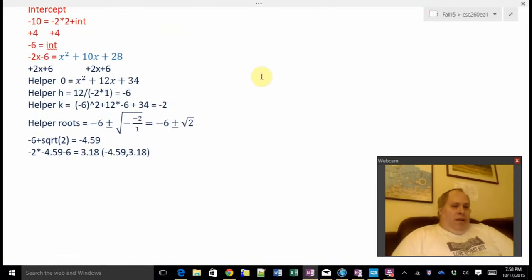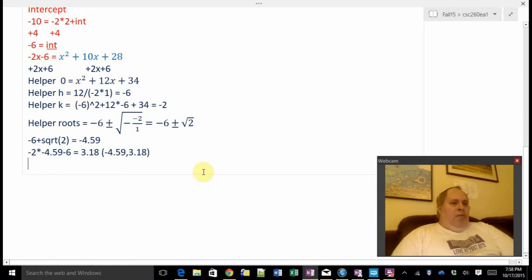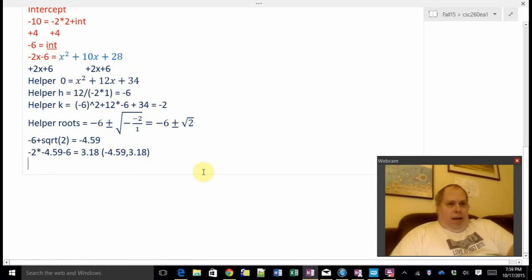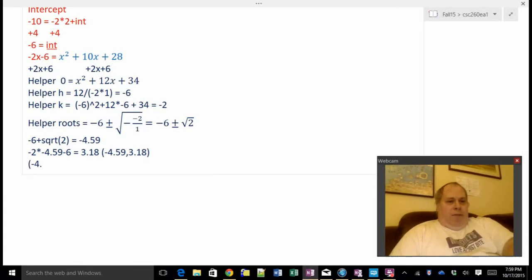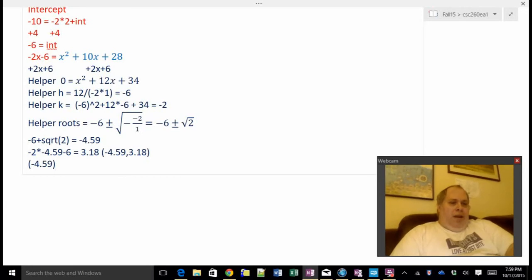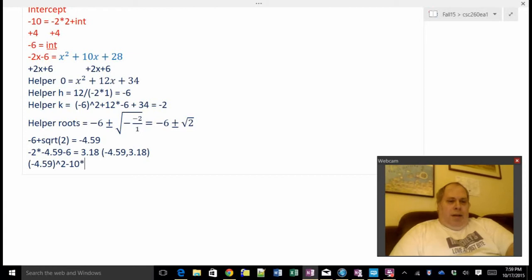Now, let us also check by plugging it into the blue formula here. So I'm going to take, parenthesizing, always remember to parenthesize before you exponentiate, negative 4.59 squared minus 10 times negative 4.59 plus 28. Ah, that's wrong.